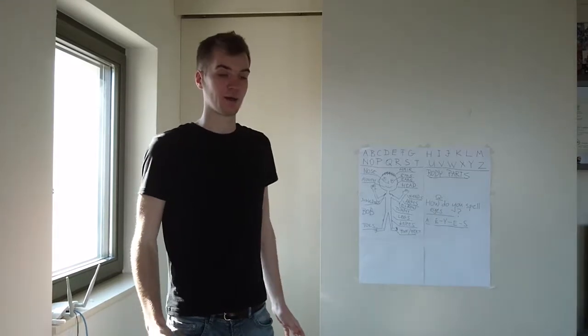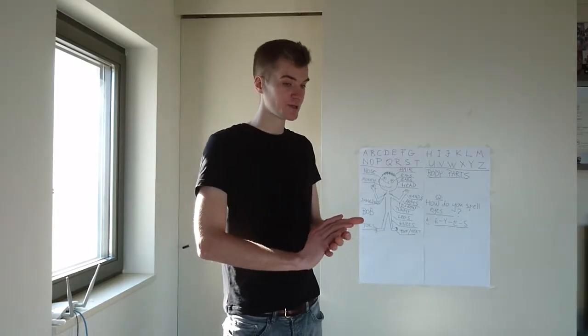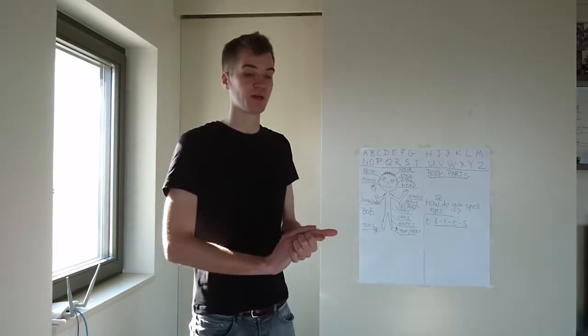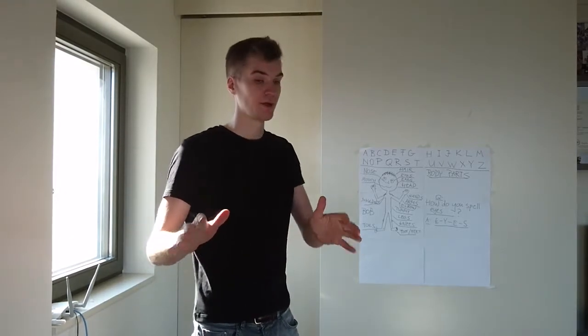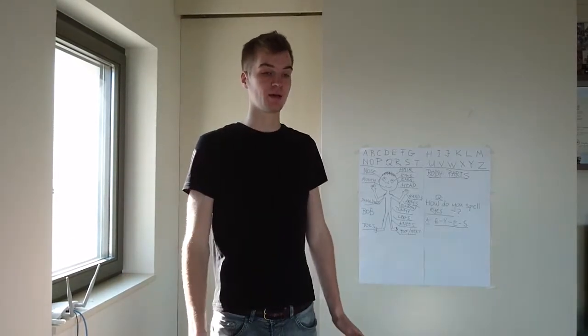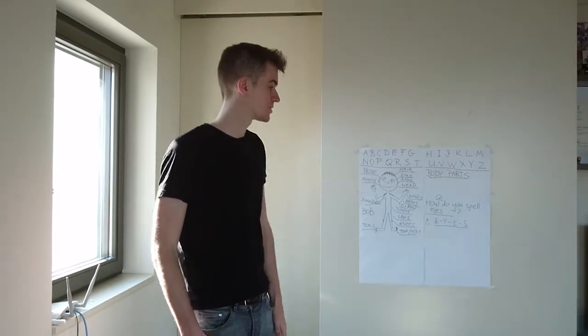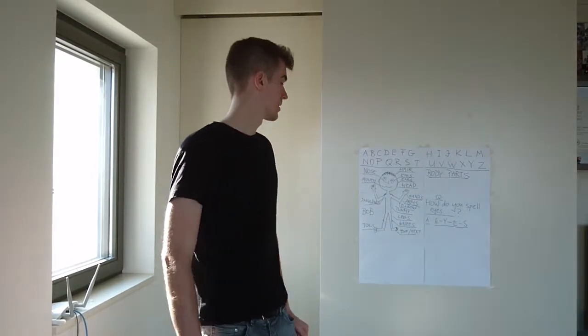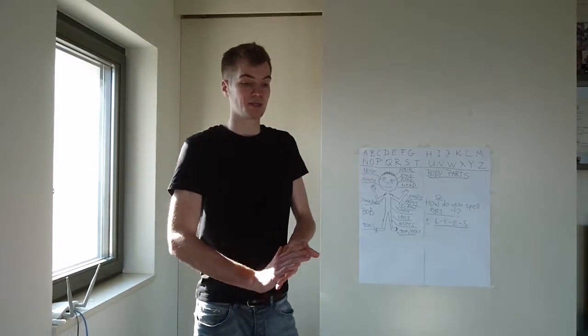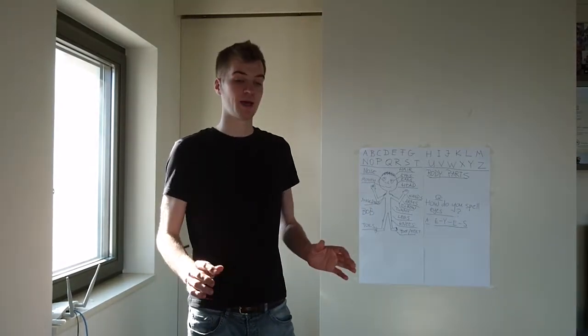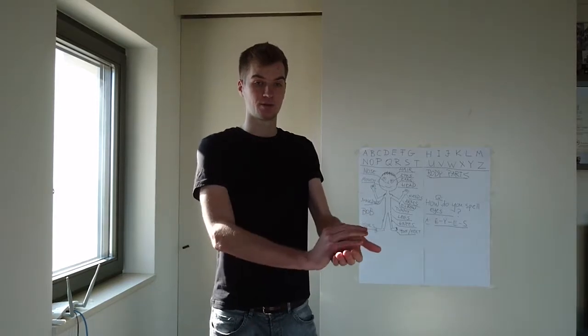And if I don't say Bob says before I say touch your head, then you shouldn't touch your head. You should stay as you are. You don't do anything. Okay, so let's start. Bob says, touch your hands.